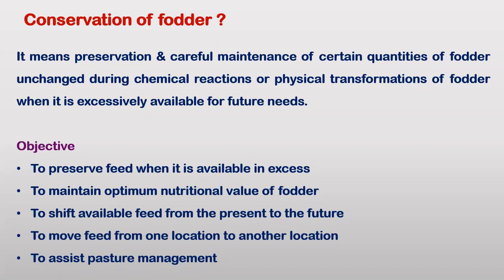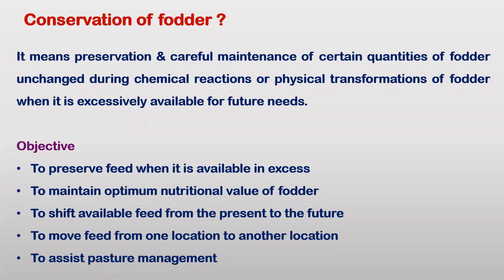The third objective is to shift the available feed resources from present to future use. The fourth objective is to move the feed from one location to another in an easy way, so transportation is also easy. And the last objective is to assist pasture management.